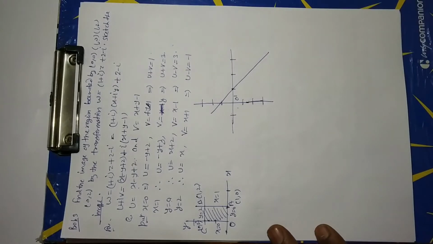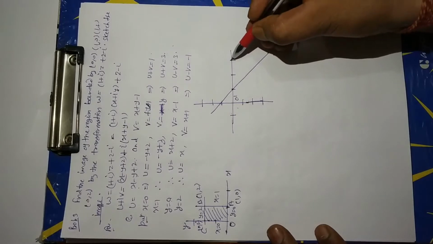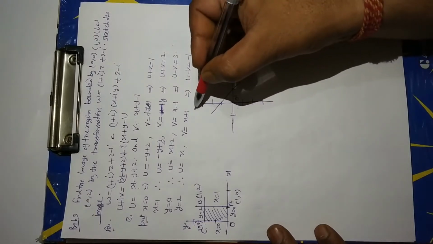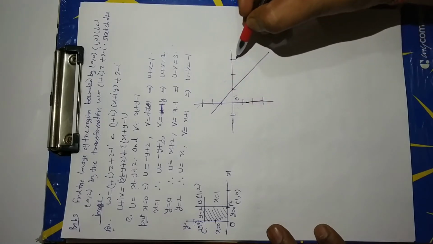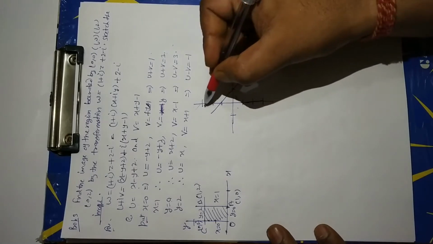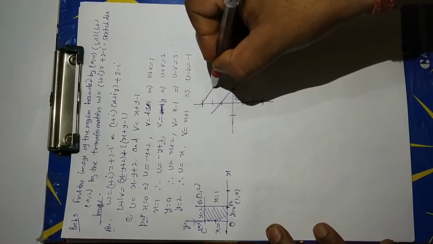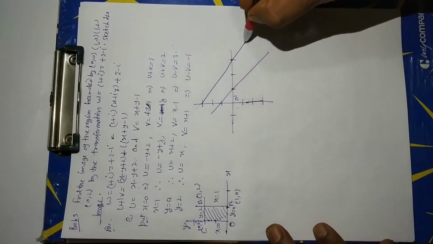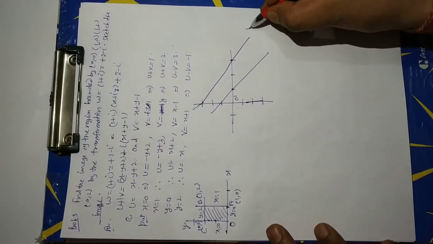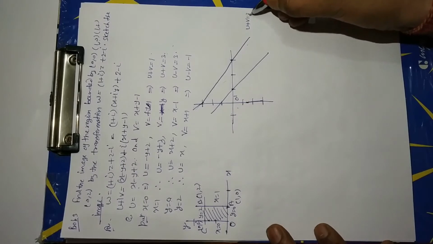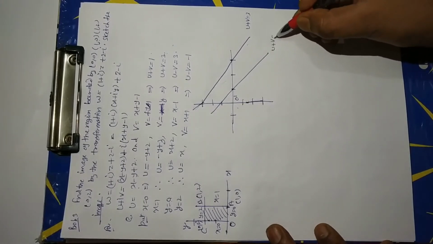Now the second line u + v is equal to 3, which passes through three points. This line is u + v is equal to 3, then the line u + v is equal to 1.